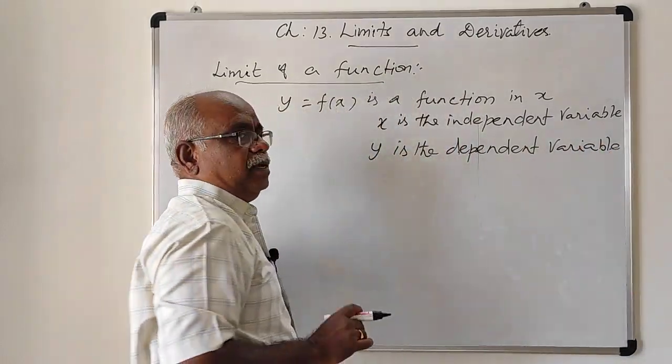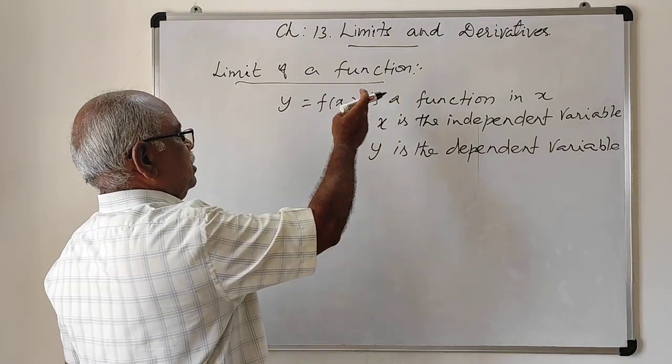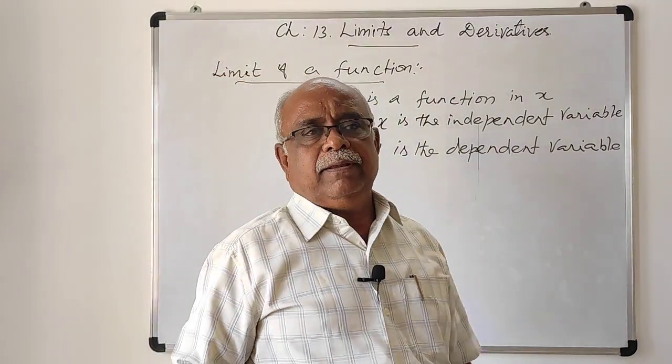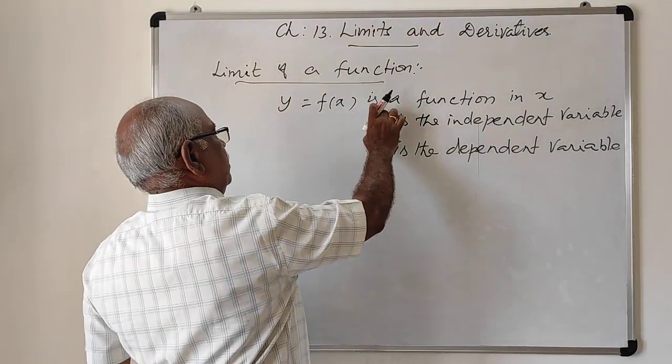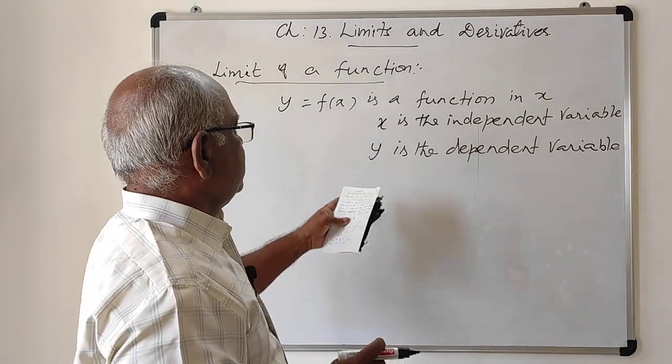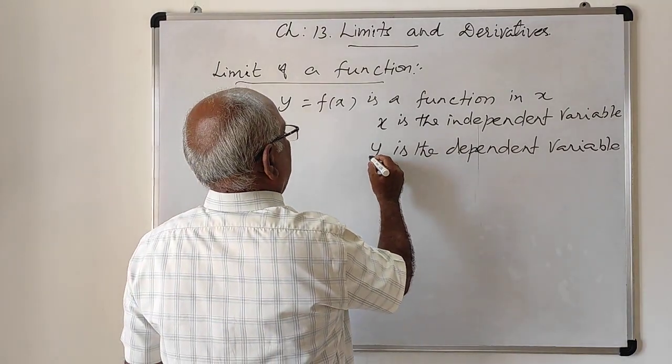X takes values independently. The y changes its values according to the values of x. According to the value of x, y changes its value, therefore y depends upon the value of x. Y is a dependent variable.